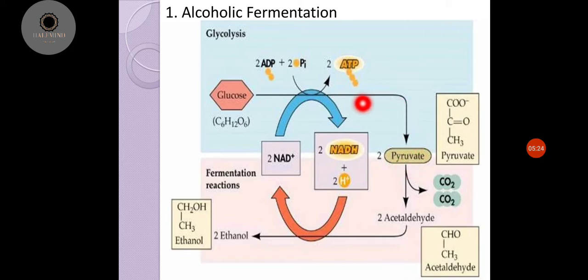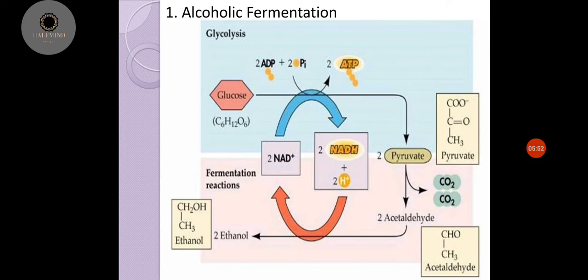In that process, mayroong marirelease na 2 ATP. Okay? So, after na ma-split ang glucose into two pyruvates or 2 pyruvic acid, it will then be converted into 2 acetaldehyde. In this process, it will produce 2 molecules of carbon dioxide.